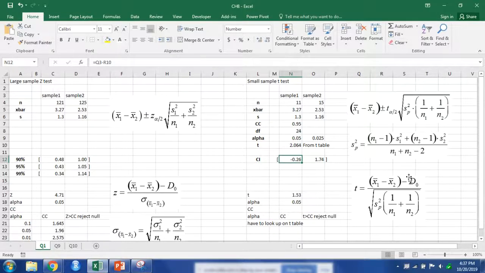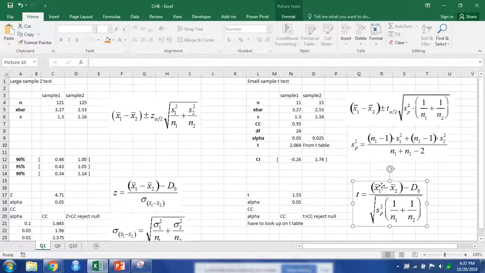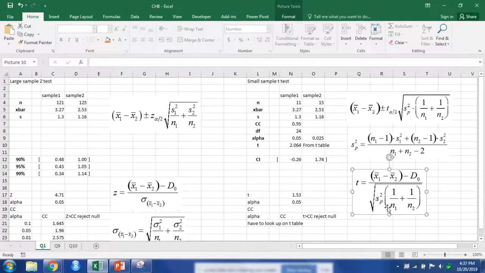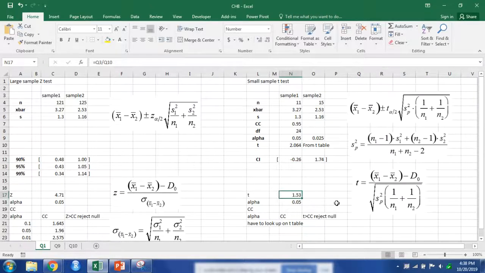Like I said, d will almost always be 0, so you're subtracting from 0. Take the difference in your means and divide by the square root of the pooled variance times the inverse of your sample sizes. You'll notice it's the same as part of your confidence interval. This part here is the difference in the means, and the denominator is the same as what you multiply by your critical value. Calculating this out, we get a t value of 1.5.